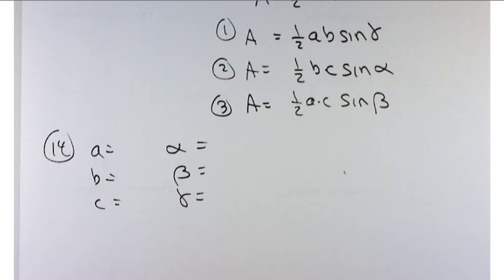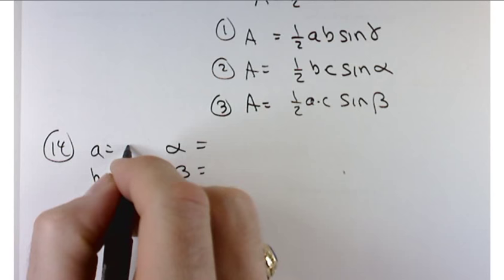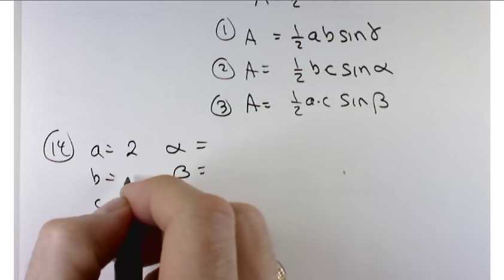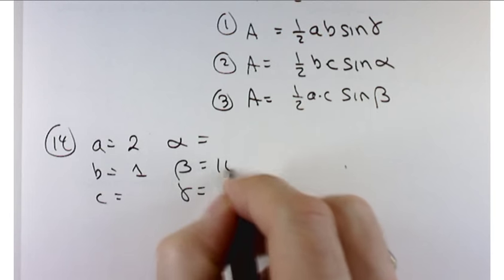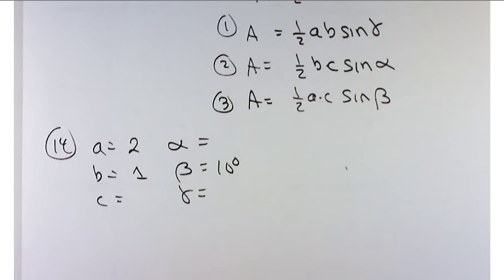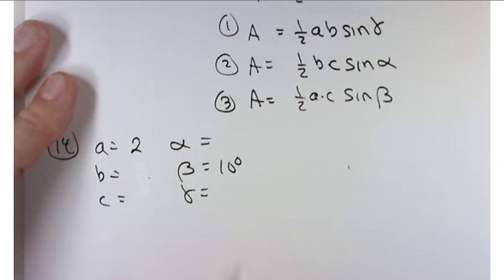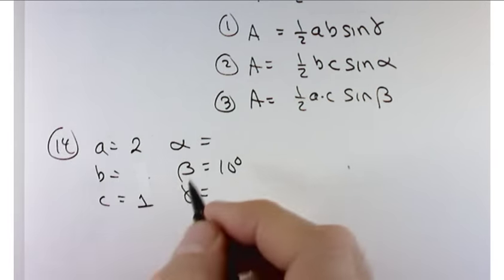A is 2, B is 1, and beta is 10 degrees. C is 1? Oh, sorry, C is 1. Yeah, that's better. C is 1. That's going to make this a little bit nicer.